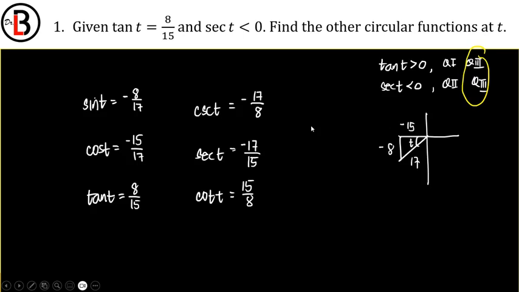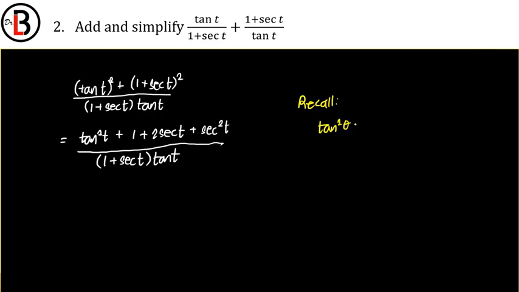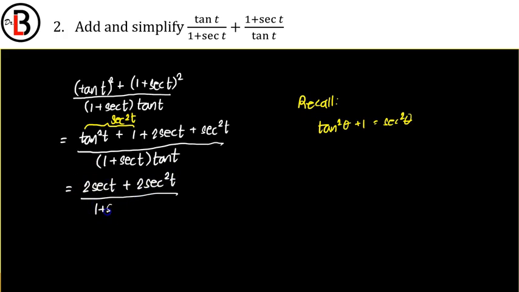So this part is secant squared t. Combining it with the other secant squared t, you'll have 2 secant t plus 2 secant squared t, all over 1 plus secant t times tangent t.